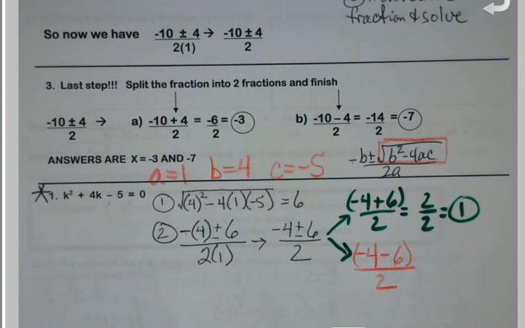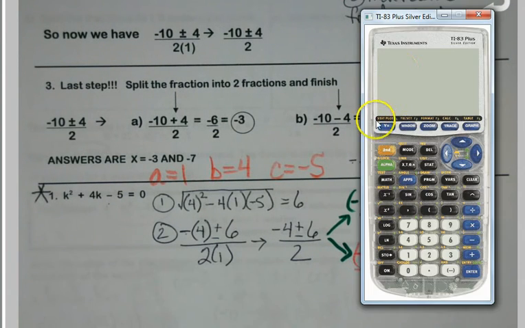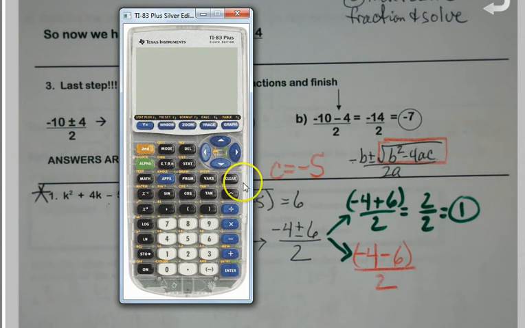But again, if you are more comfortable letting the calculator do your dirty work, that's okay. Just make sure that if you do let the calculator help you, that you put the top of your fraction in parentheses. As long as you do that, you're all good.